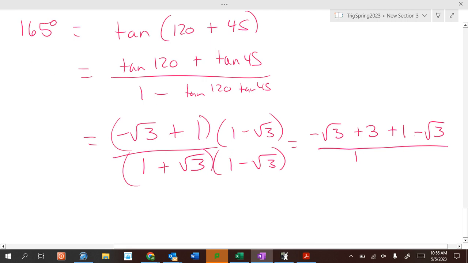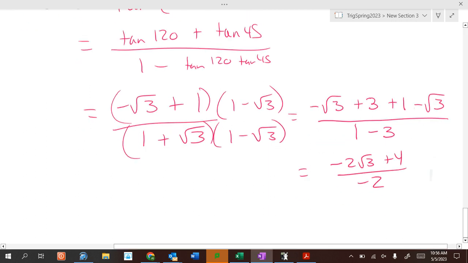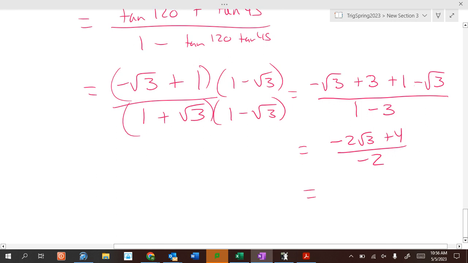Denominator, first is 1, outers, inners cancel, last is negative 3. So you get negative 2 square root of 3 plus 4 over negative 2, which is the square root of 3 minus 2.